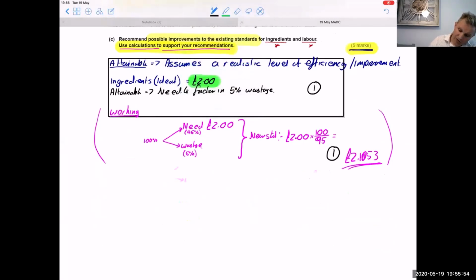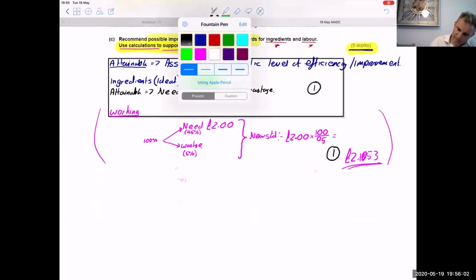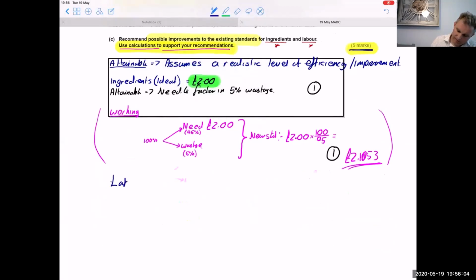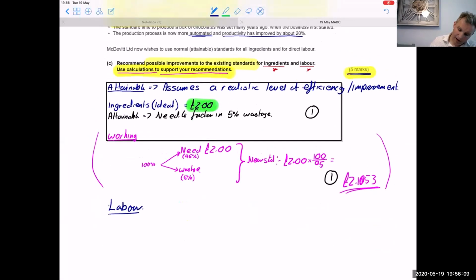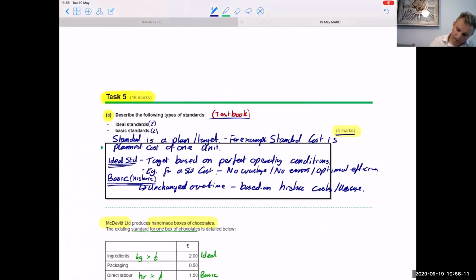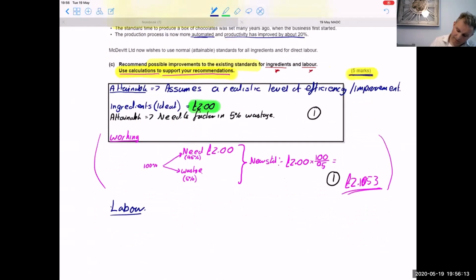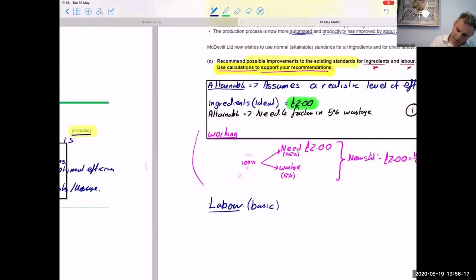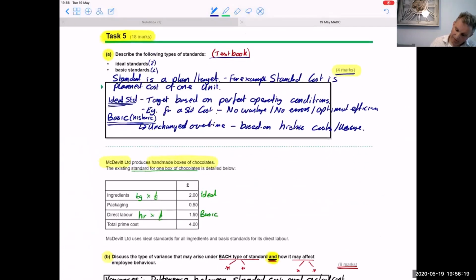So the other part was the labour, not materials, it's labour, isn't it? We've just done materials. And we know that labour was based on the basic standard, and we know that labour was a cost of £1.50.